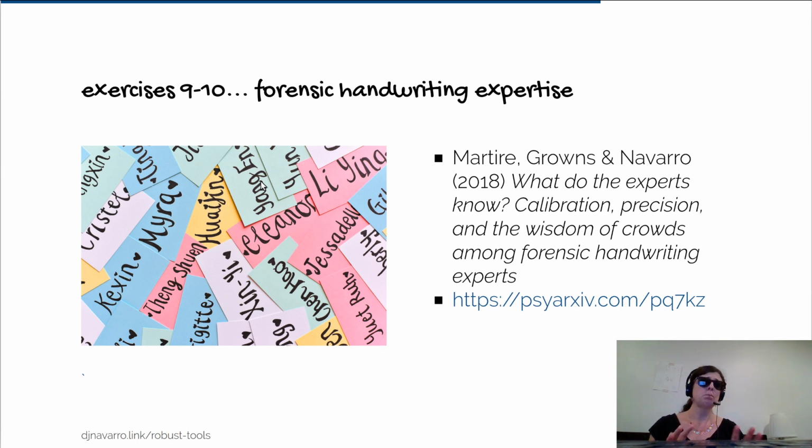And basically, to give the super short explanation of what's in this paper, we, by which I mean Christy Martiri and Bethany Groans, who did all the real work on this, went out and got a bunch of people who are actual handwriting experts and a bunch of novices to look at some pieces of text like handwriting and say, okay, this feature in the handwriting, this squiggly T or whatever, how common is that in real handwriting?